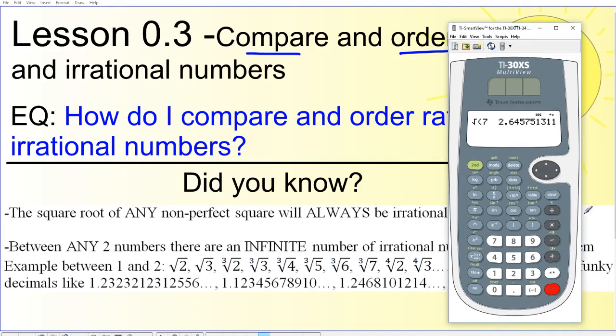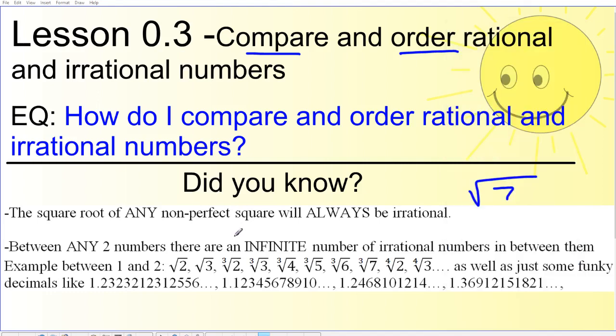If you take the square root of a number and you get a decimal, it's always going to be irrational, this big, huge, ugly decimal. So square root of 7, square root of 8, it's an ugly decimal. Square root of 9, not. Square root of 9 works out perfectly. This is rational because 9 is a perfect square.